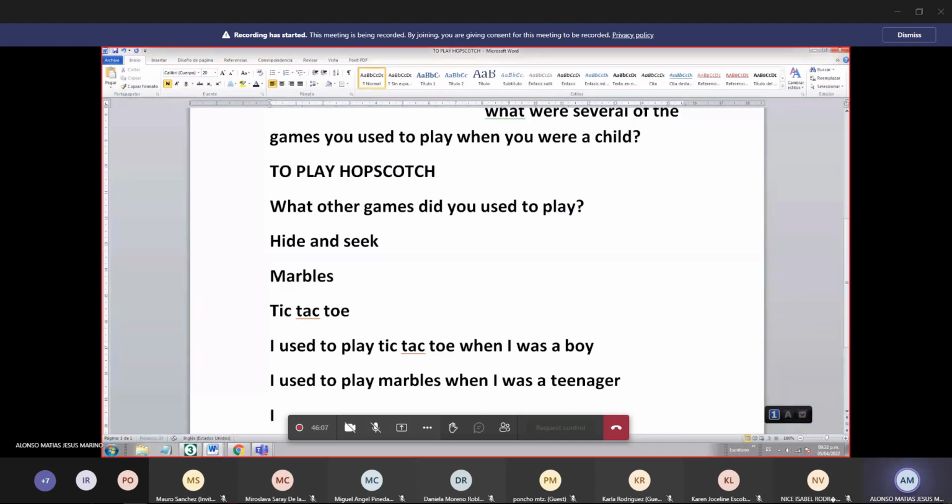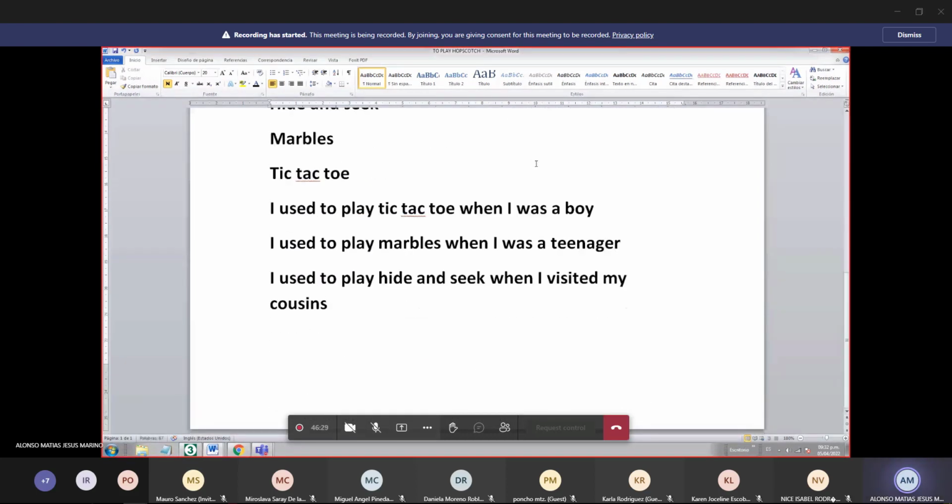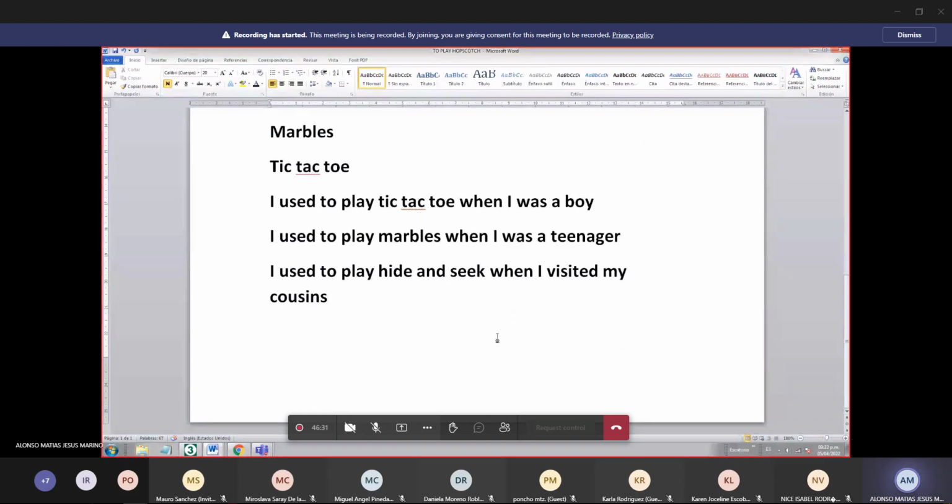Or I used to play hide and seek when I visited my cousins, okay? Those are examples of used to.